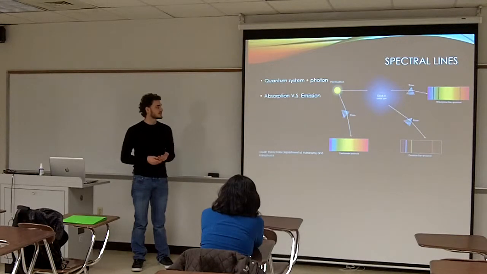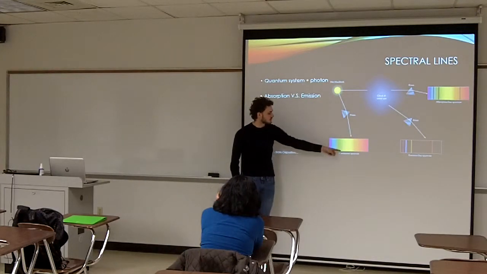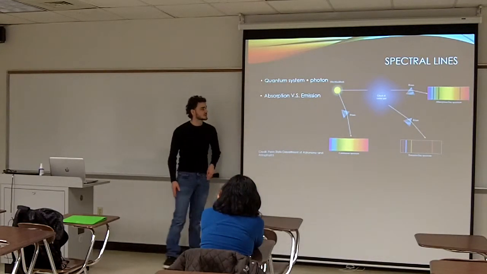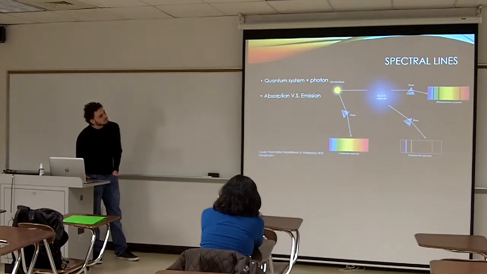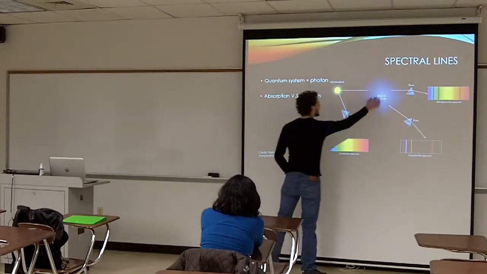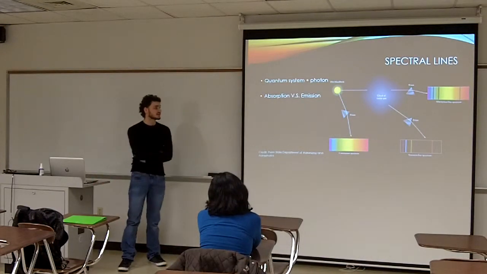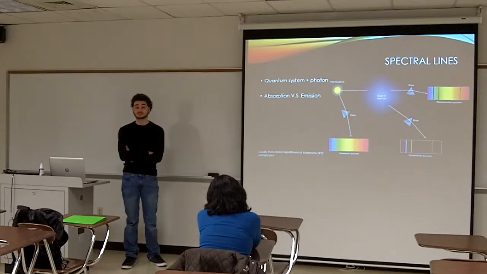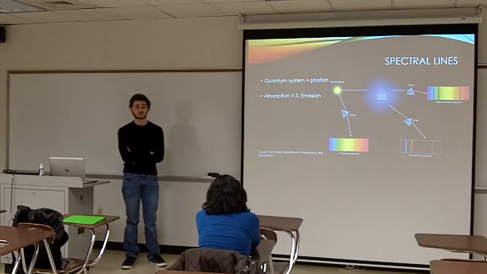This diagram shows absorption versus emission lines. Obviously, this is the diagram I just showed: light going through a prism gives your standard continuum emission. If you have a cloud of material of various elements and you shine a light behind it, some of the light will get absorbed by some of the atoms in the cloud, and those wavelengths will then be missing from what should be your continuum spectrum.